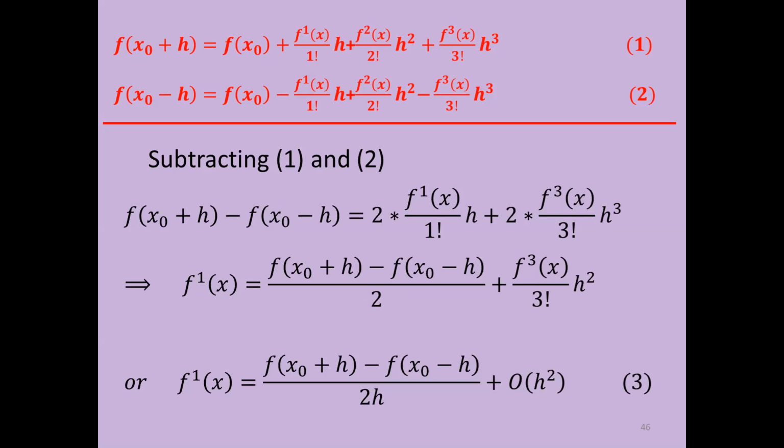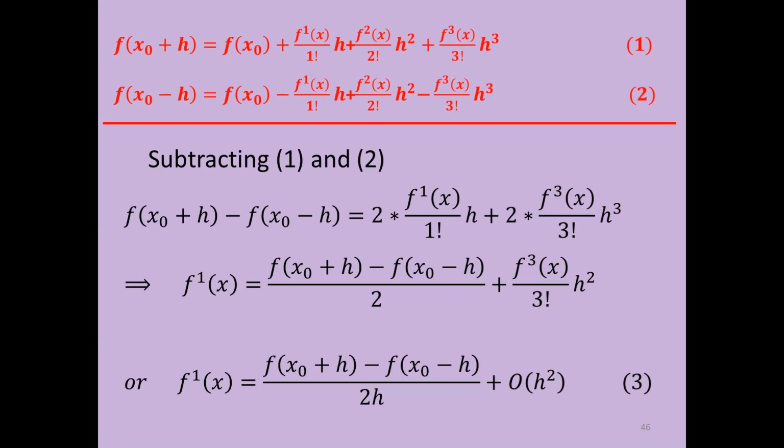In fact, it is going to be f3 divided by 3 factorial, times h square. So this is the error when you are representing the first order derivative with respect to the central difference.